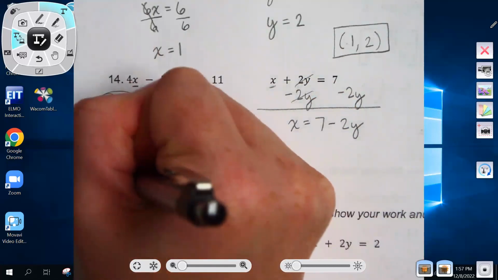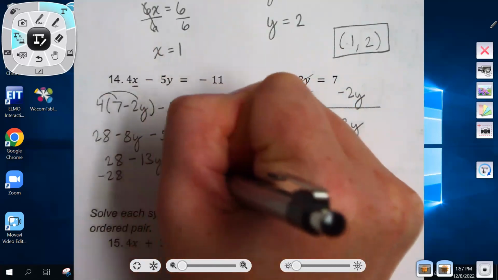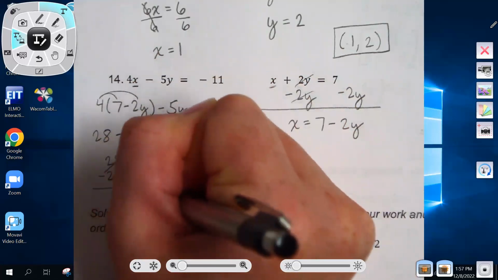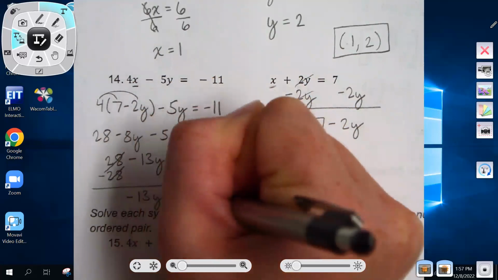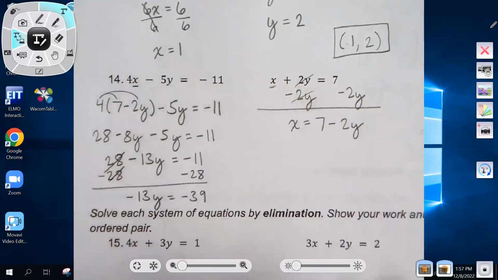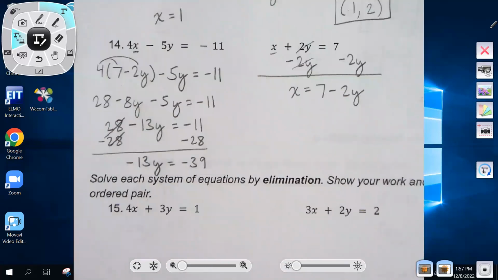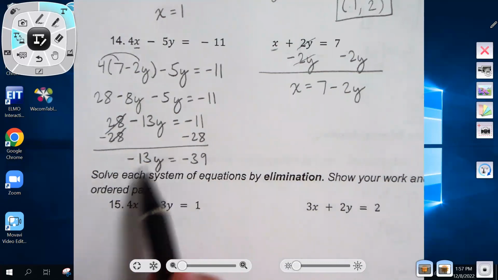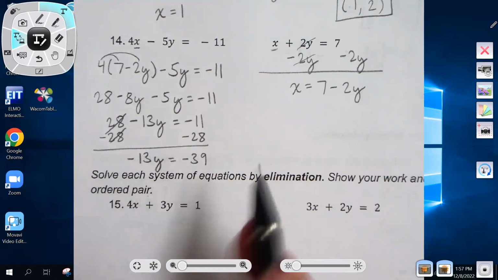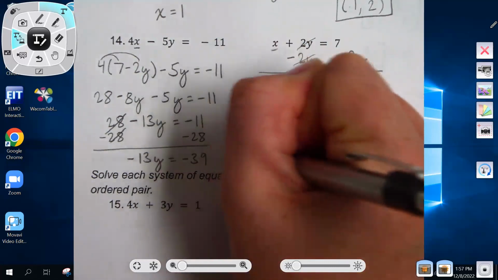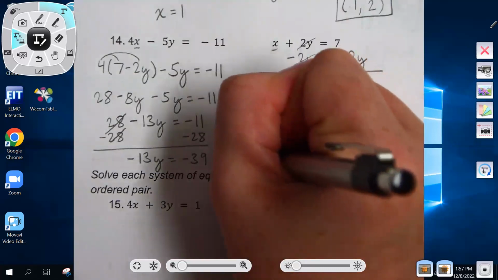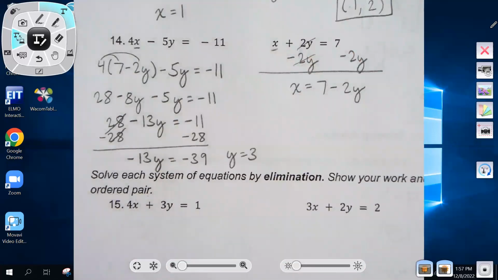Subtract 28 from both sides. So we're left with negative 13y equals negative 39. So then we need to divide both sides by negative 13. Negative 39 divided by negative 13 is positive 3. So y equals 3.